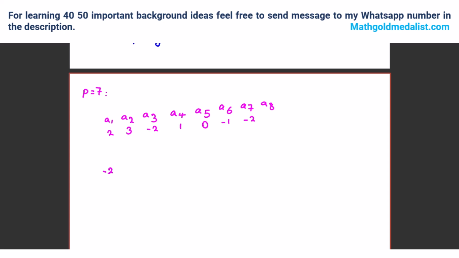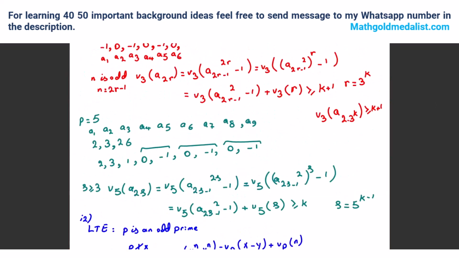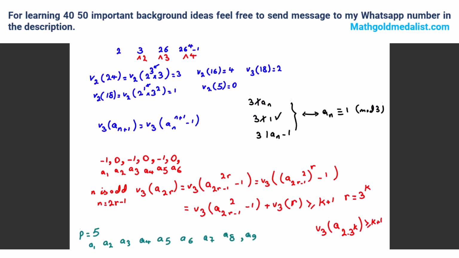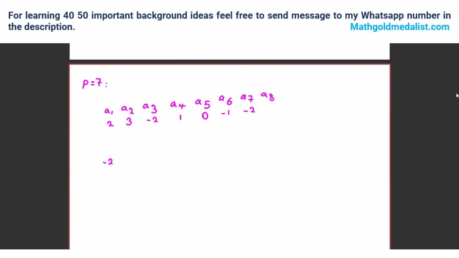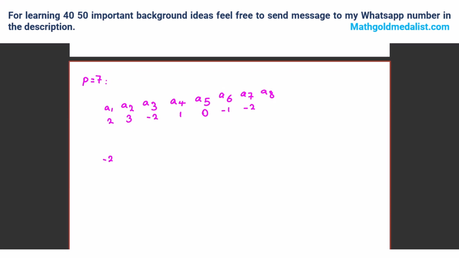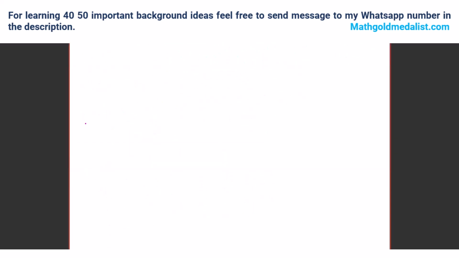And if you want to calculate negative 2 here, we should use Little Fermat's theorem. That's the reason that we are checking more small examples. We can find more ideas that are useful. Idea 3. Let me write it here. Little Fermat's theorem. It is what?